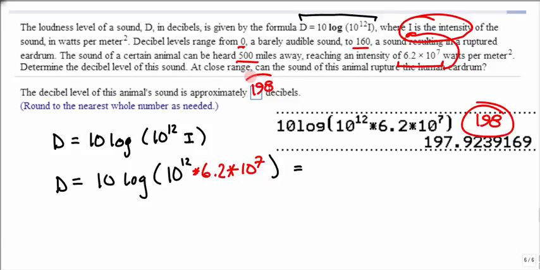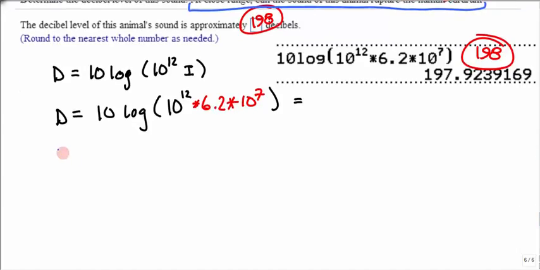198 decibels. So now we have another question. This says, at close range, can the sound of this animal rupture the eardrum? Well, to rupture an eardrum, you need to be at 160, and we are way over 160. So I'd have to say yes. 198 is greater than 160.